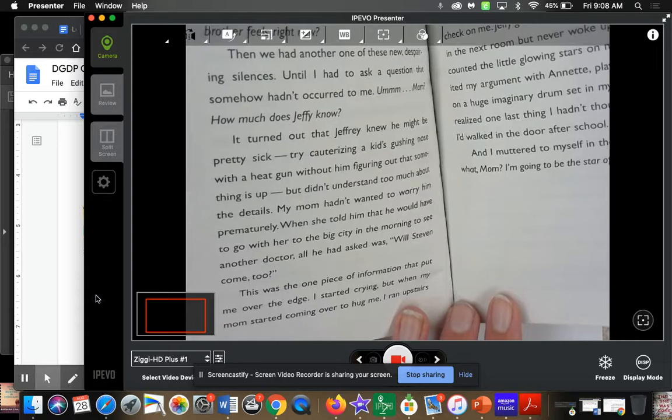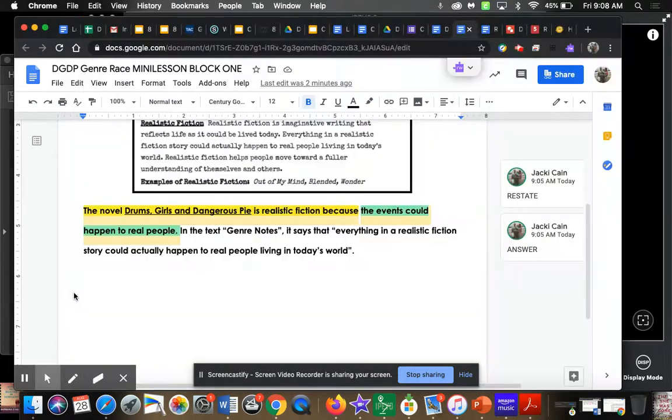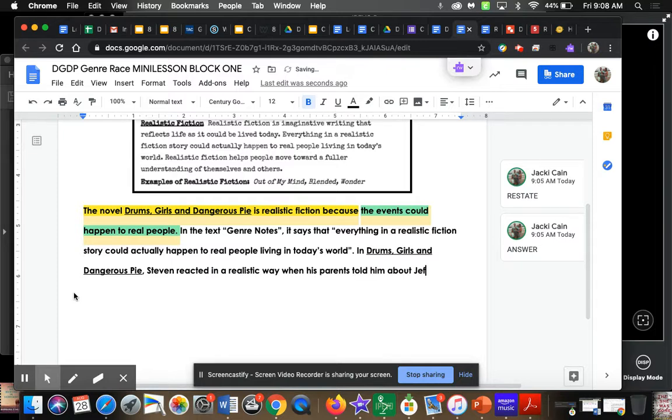So I'm going to add that to my response by saying, in Drums, Girls, and Dangerous Pie, Stephen reacted in a realistic way when his parents told him about Jeffrey's cancer. He started crying, but when my mom started coming over to hug me, I ran upstairs for bed.